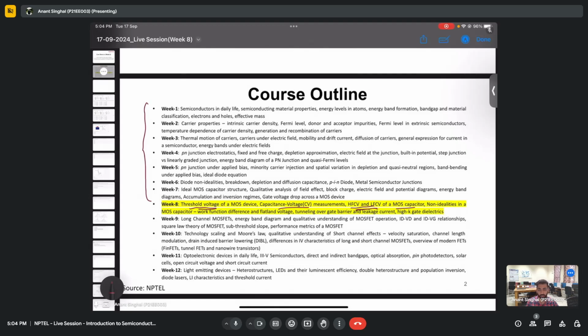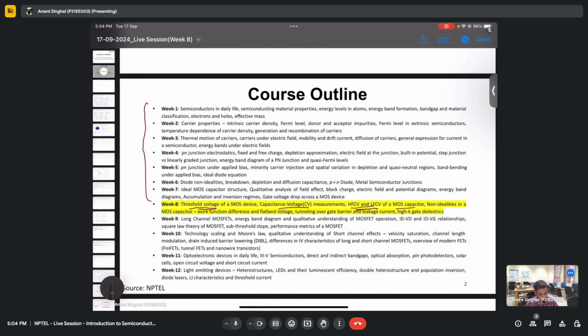Till now, whatever we were doing was for an ideal case. Ideal case means we were doing it for a low frequency case, in which the carriers have enough time to capture the change in the voltage. For this week, we'll also be covering some of the high frequency CV measurements, how the plot looks.